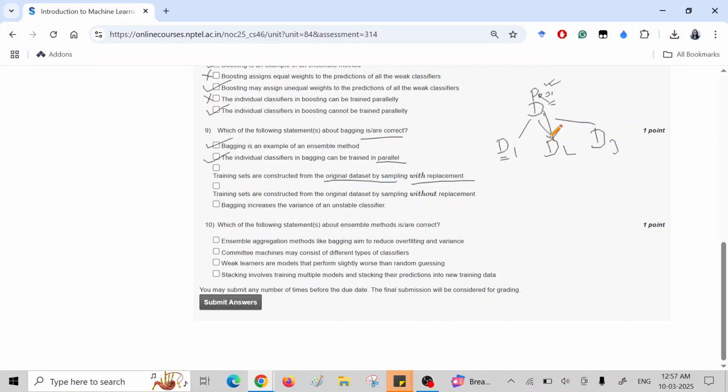Suppose there are some data points like 1, 2, 3, 4. If I draw data point 1 for D1, it will be there in D1. Also, before drawing the sample for D2, that data point will again be there in the population.